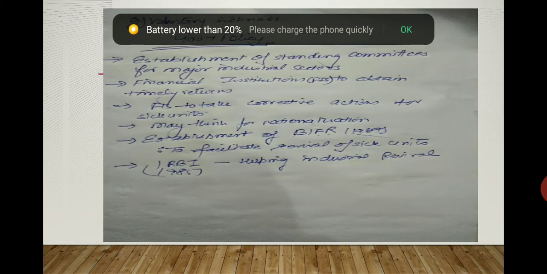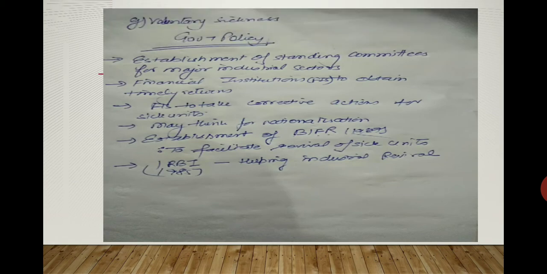In 1994 the 1985 act was replaced, and a new definition of sick units was given. It was asserted that a unit will be considered a sick unit when its net worth has been completely eroded, and in addition it is suffering losses for 5 consecutive years or more. The purpose was to analyze the genuinely sick companies, and to make an effort to revive the units that have actually become sick.